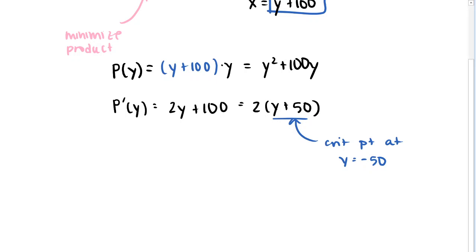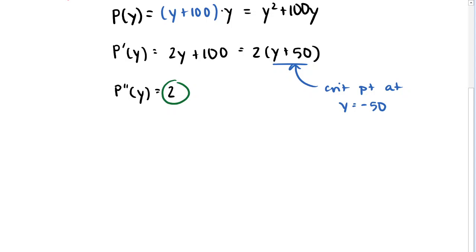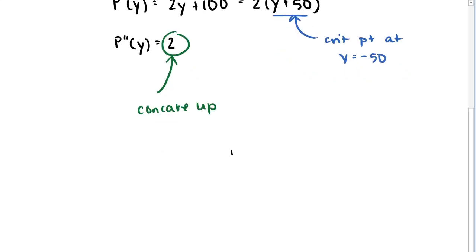And one way we can check is we can use the second derivative test, right? So P double prime of y is equal to 2. And this being 2 tells us that it's always 2 for whatever value of y. We've got 2 as our second derivative. Our original function is concave up. And so we can imagine a rough sketch of our function as some sort of concave up function.